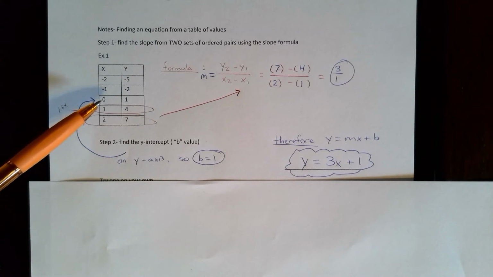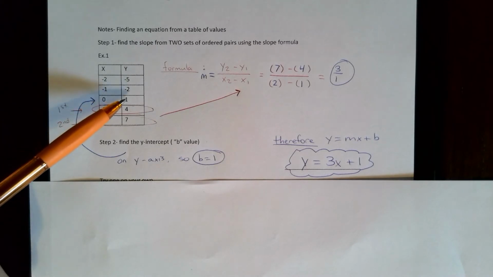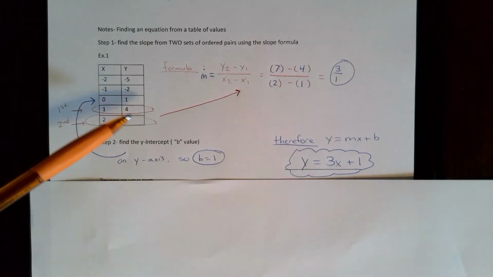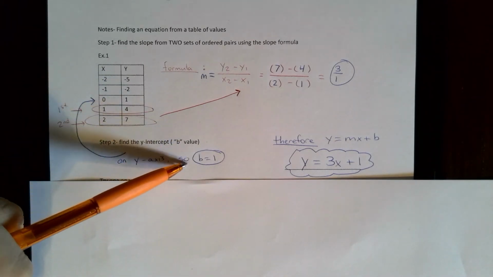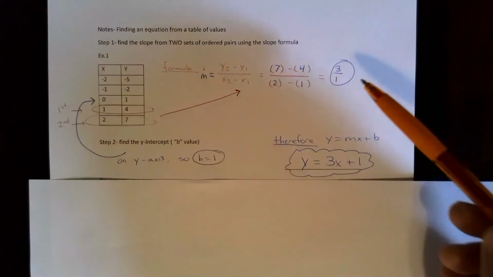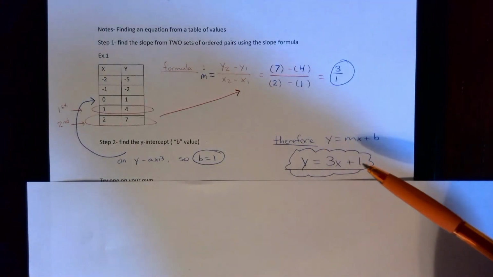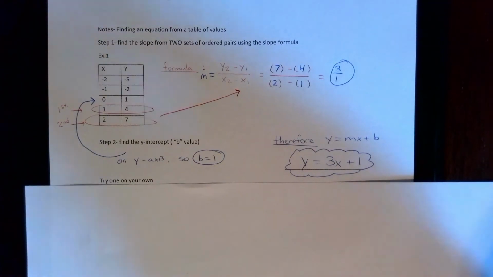So this is telling me when the x is 0 here, that on the y-axis it's going through y at the point positive 1. Therefore, if you plotted that point, it would be on the y-axis. So therefore my y-intercept, my b value, is 1. So m is 3, b is 1, boom, there's my equation, y equals 3x plus 1.